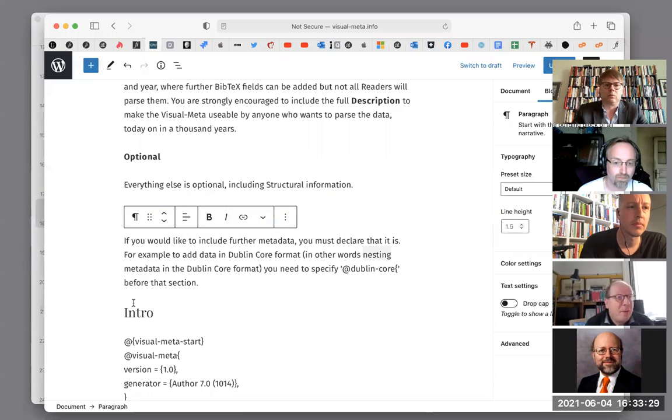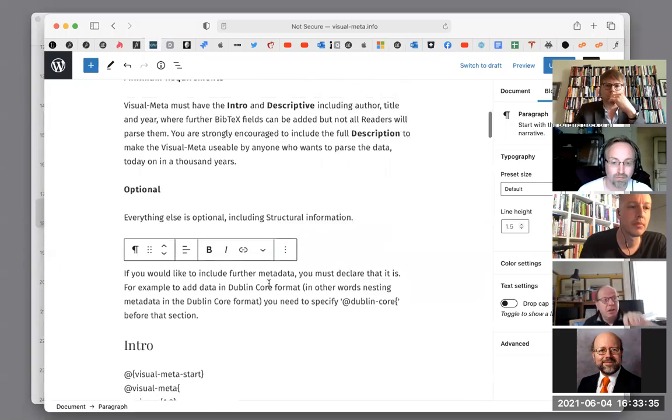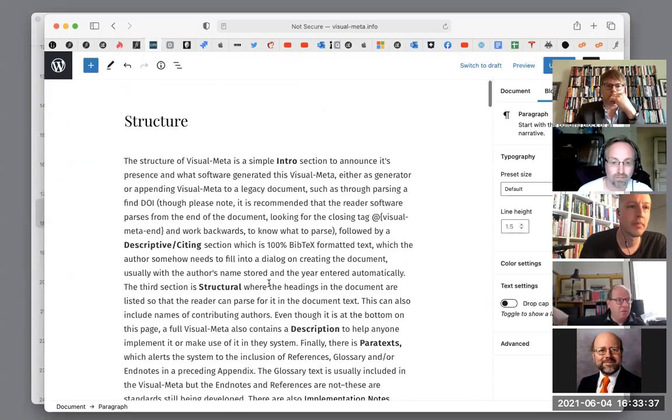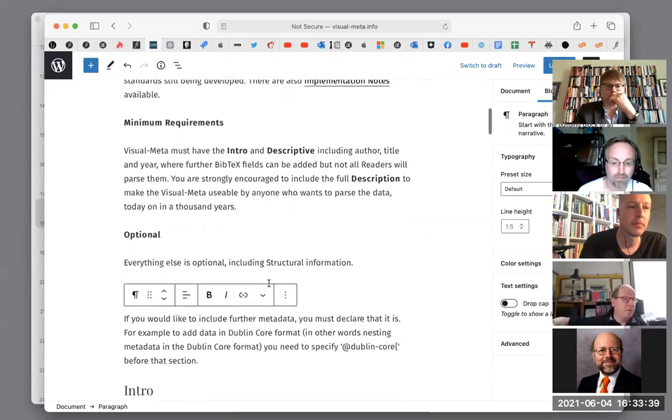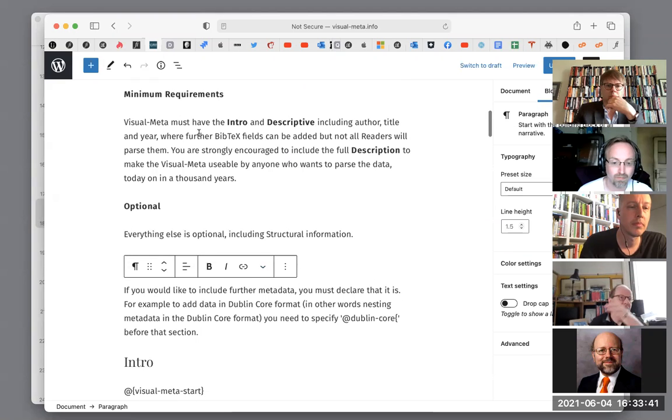Well, you could say a wrapper, quite literally, because your @ name, curly bracket, stuff, to the corresponding balanced curly bracket is what you are packaging up and nesting inside your Visual-Meta.